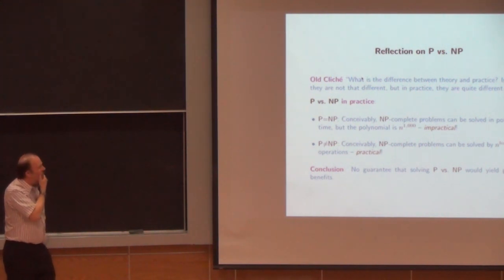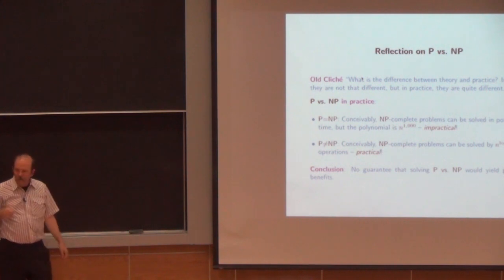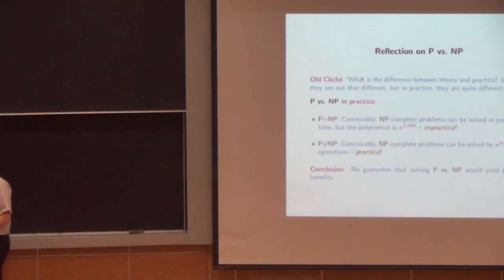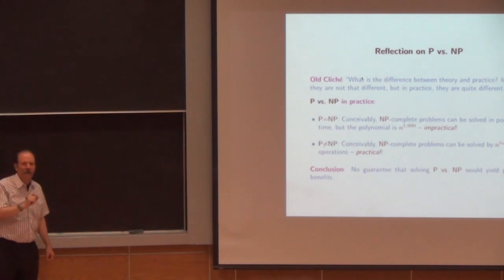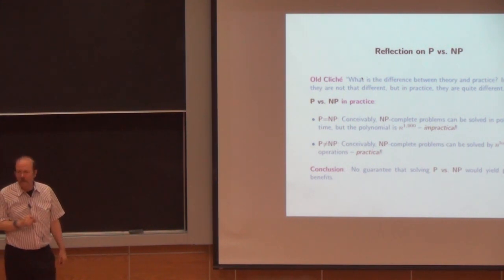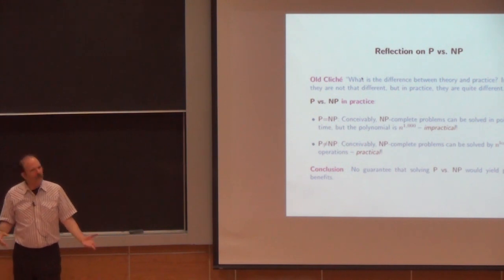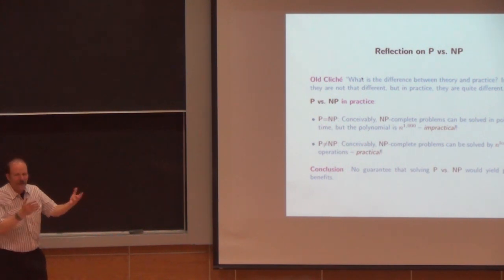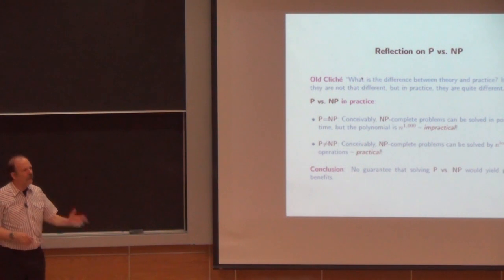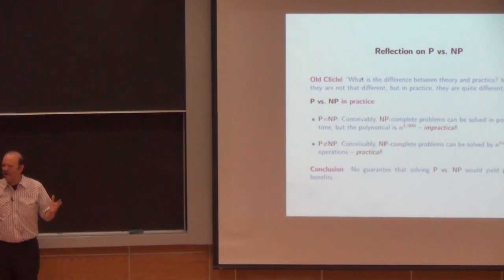On the other hand, suppose that P is different than NP. But I can simulate all of NP in n to the log n. So the same graduate student asked us, what is the limit of log n when n goes to infinity? So we looked at each other. We said, we're freshmen, but we're not idiots. We know that the answer is infinity. He said, no, you're wrong. The answer is 50. 50, we said, how did you get 50?